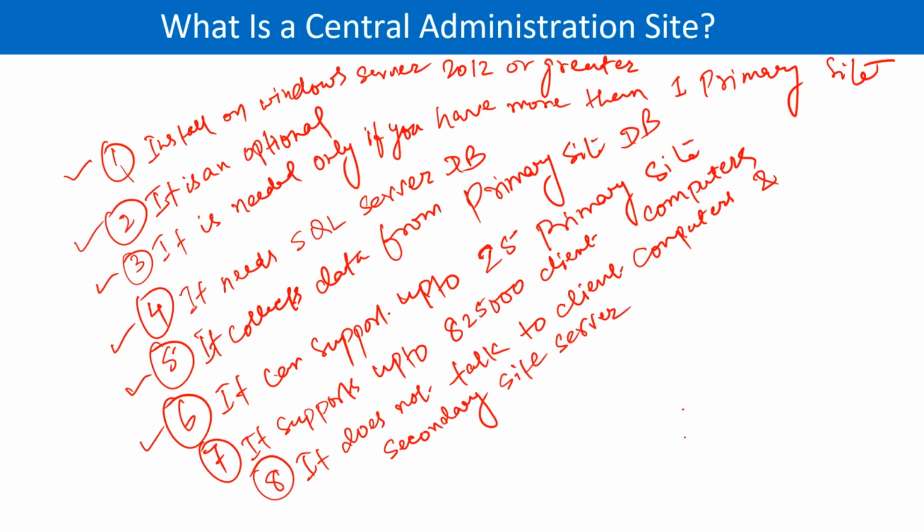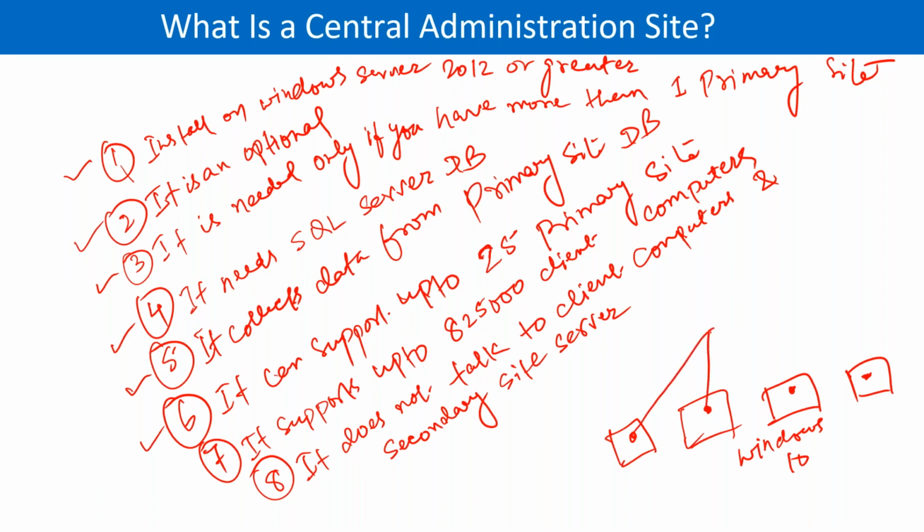Client computer means what? In every machine you have to install an agent, like a small software, the SCCM client. For example, these are Windows 10 machines. You need to install the agent, then only it will talk to the server. If you don't install the agent, it will not talk to the SCCM server.